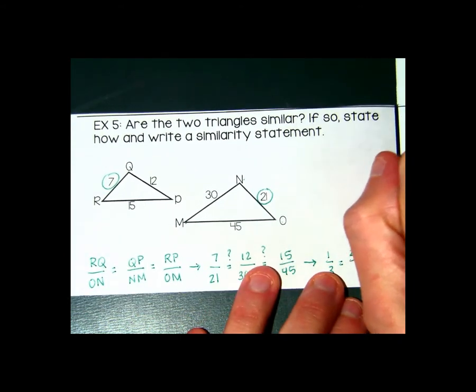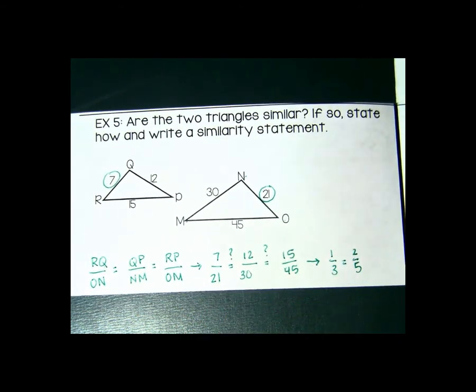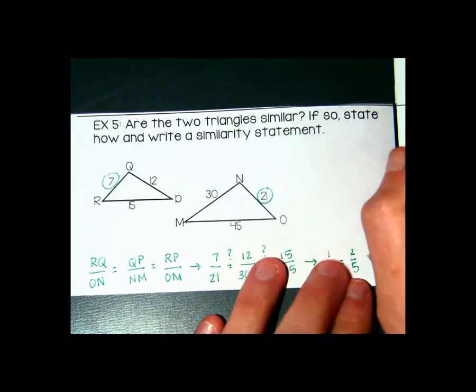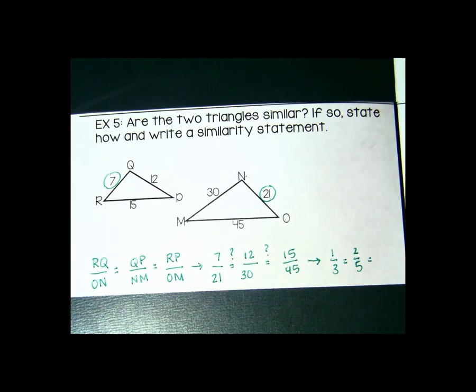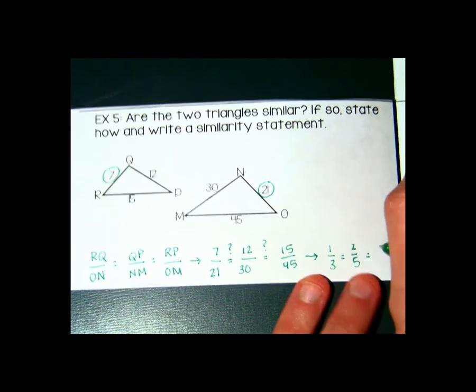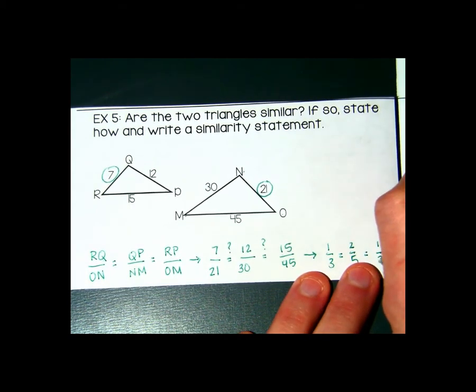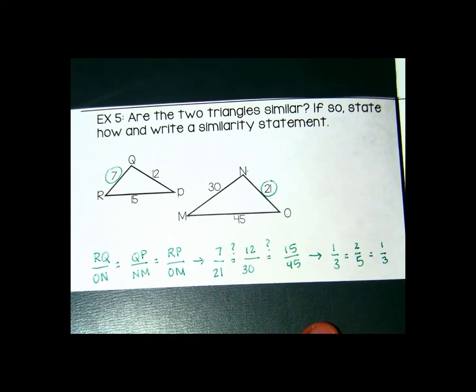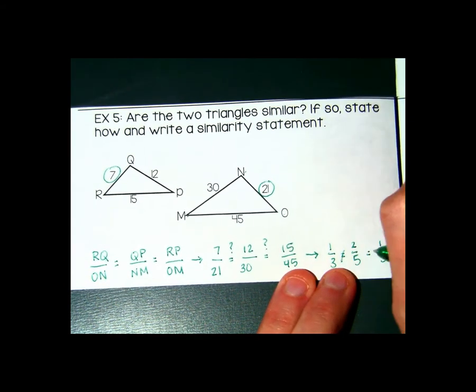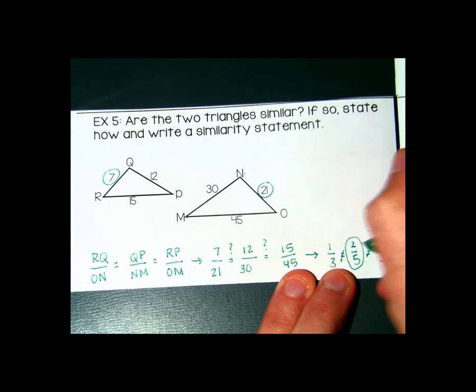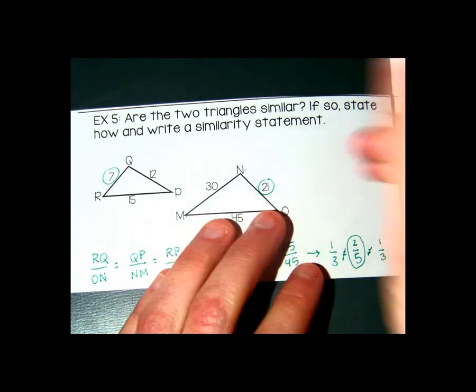Is 2/5. And 15 divided by 45 is 1/3. I have just one that is not congruent.